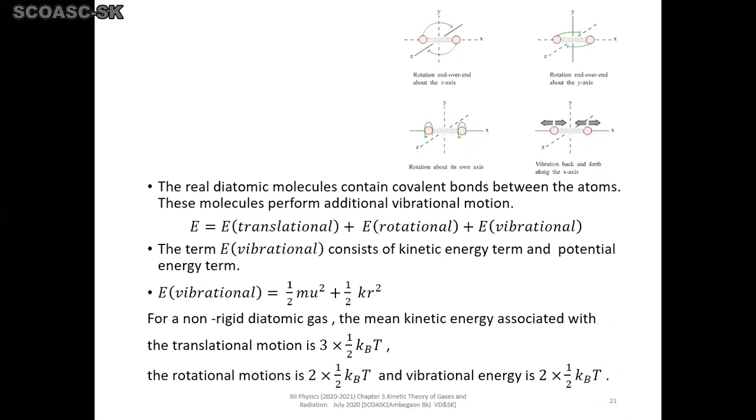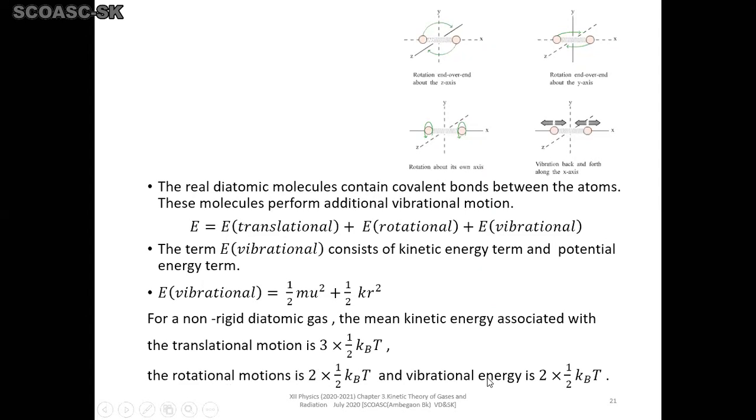Also, there is rotational motion about the x-axis, but I told you that the rotational motion about the x-axis is very, very less. That is why we are not going to take that into consideration. So I'm going to take only 2 degrees of freedom. So this is the energy associated with the rotational motion.